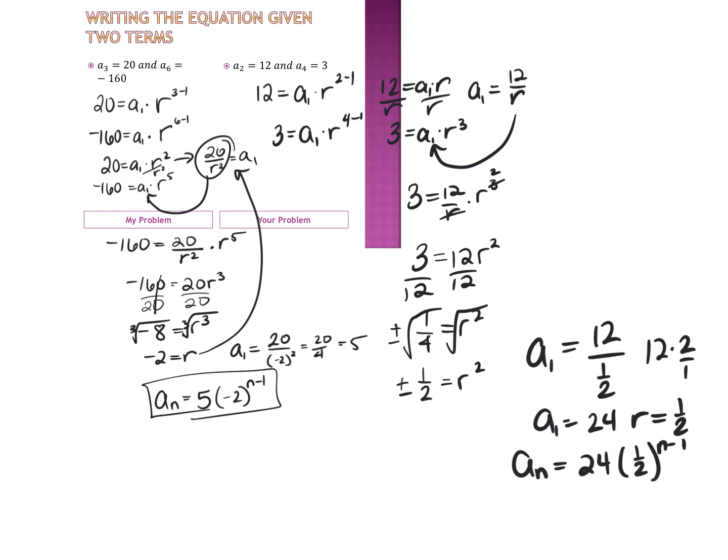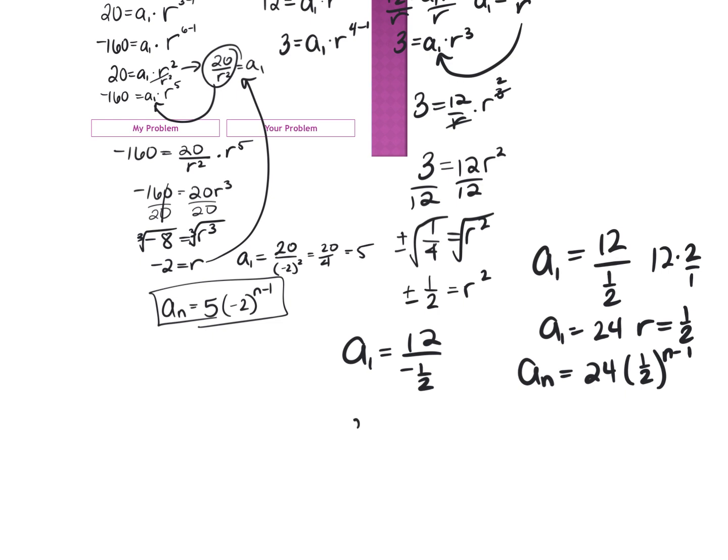And then if r is negative 1/2, a1 is 12 over negative 1/2, which makes that negative 24. So we also have an is negative 24 times negative 1/2 to the n minus 1. Now we can't put just plus or minus. So these are the two. We don't really know which one it is, but we can't put plus or minus because that would imply that one could be positive and one could be negative, when either they're both positive or they're both negative.